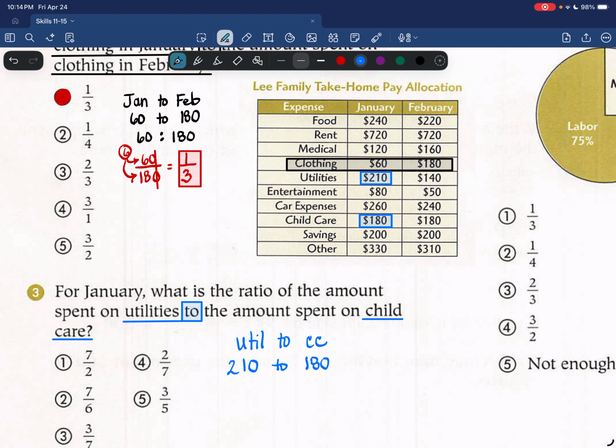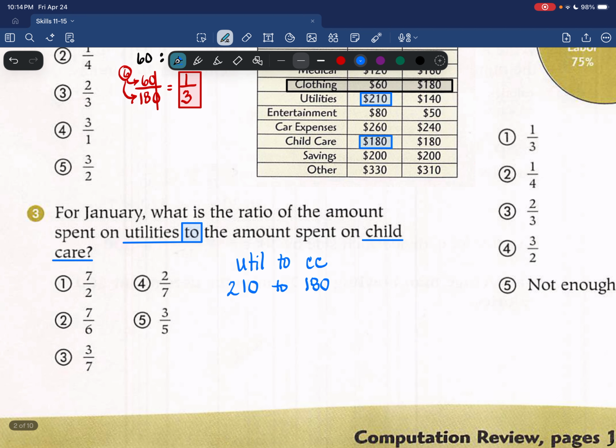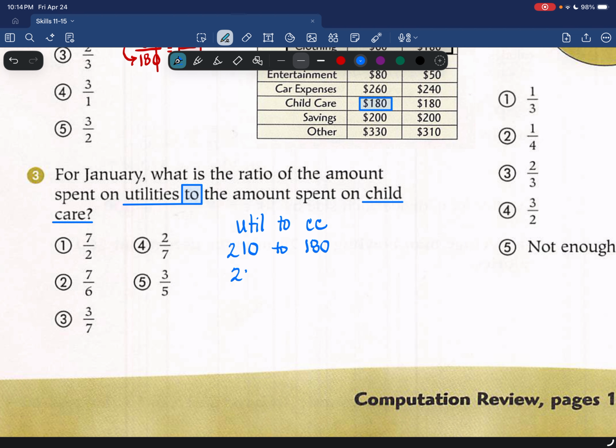And again, we could use the colon to write this. Sometimes it will show that. But our answers are in fraction form. So let's do them in fraction notation. You can cancel the zeros and then reduce by 3. 3 into 21 goes 7 times, and 3 into 18 goes 6 times.